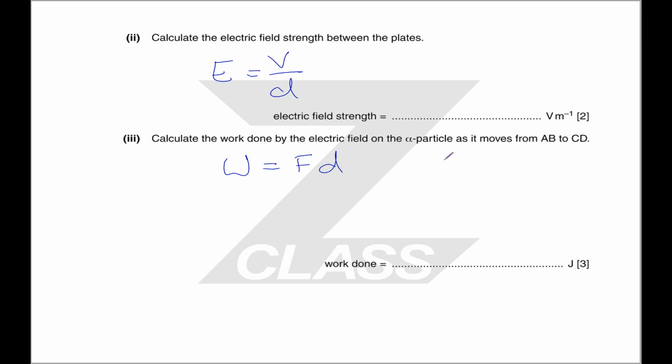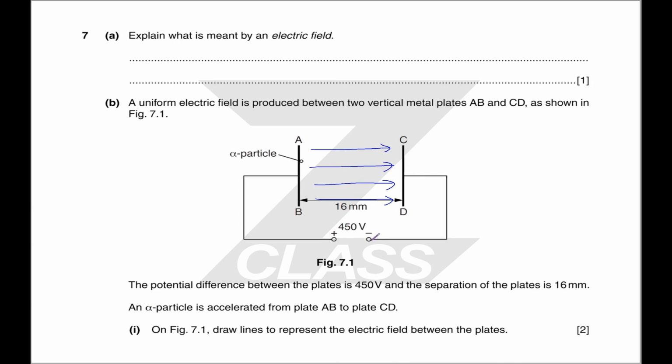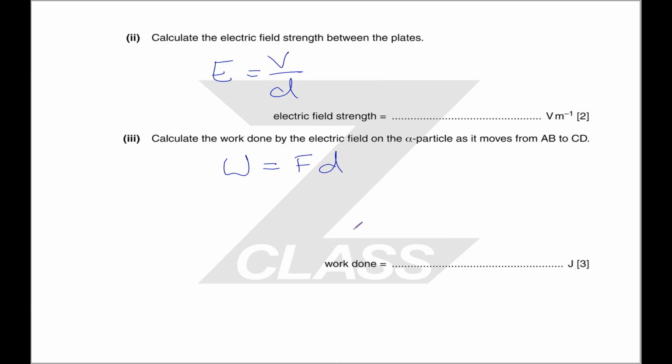So you can work out the force on the alpha particle and then multiply that by the distance. Or alternatively, you can say, well, we've moved through a potential of 450 volts, and our change in energy is equal to our change in potential times our charge for an electric field. Either of those will work.